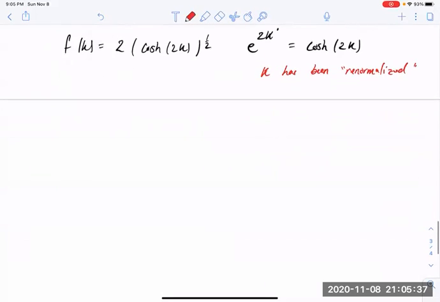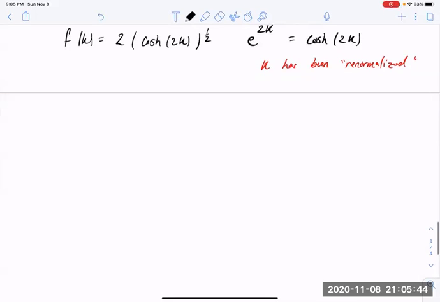In fact, we could do this now for all of the spins. Every even spin is going to act in the same way as our S2 just did.